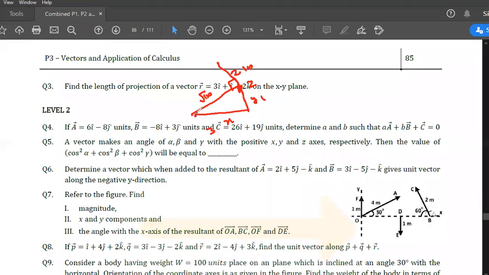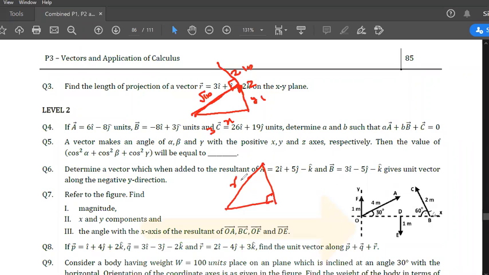Now, what is being asked? You are asked the projection of this on the xy plane, this distance only, as simple as that. The projection of r on the x-axis is the x component only.